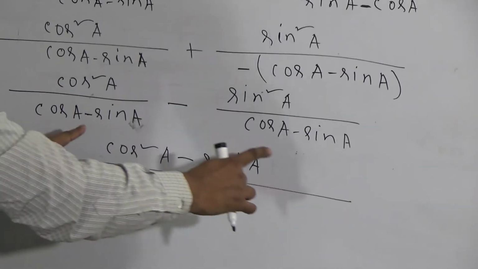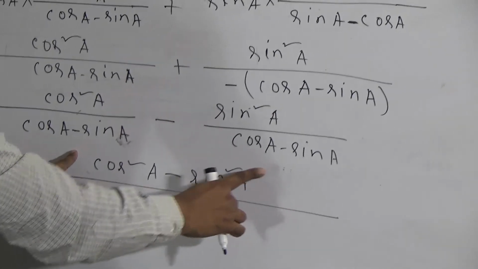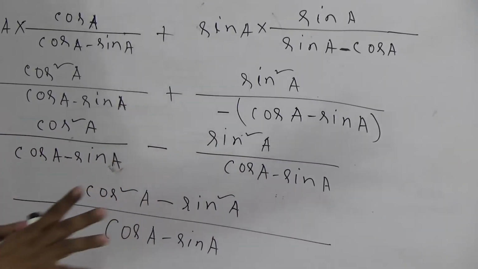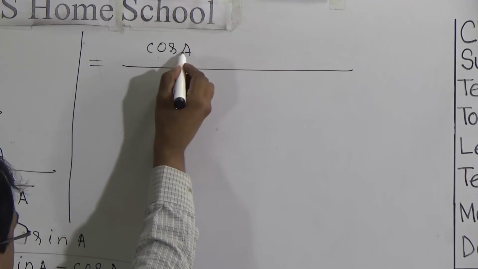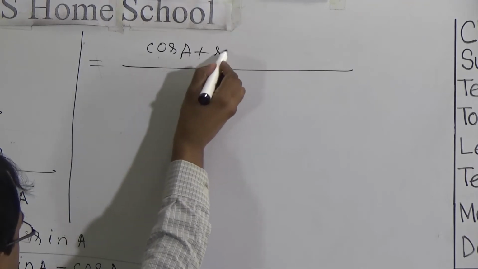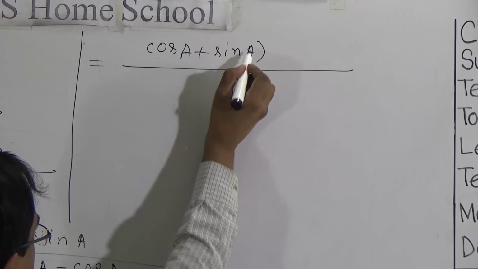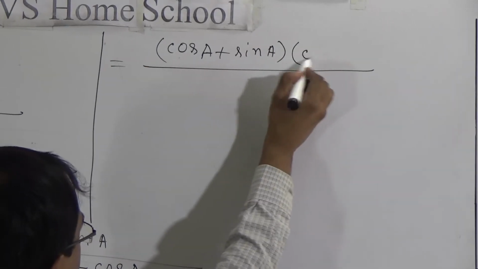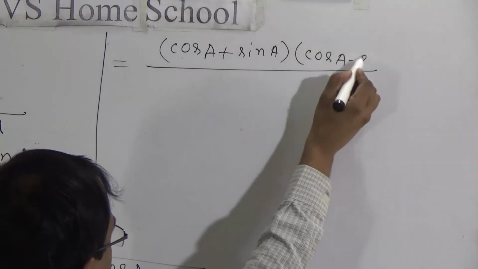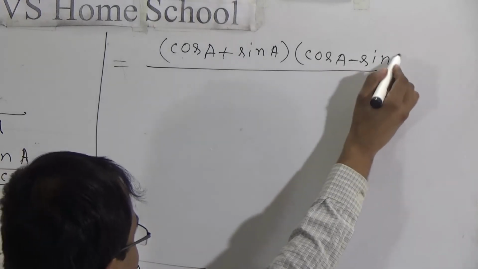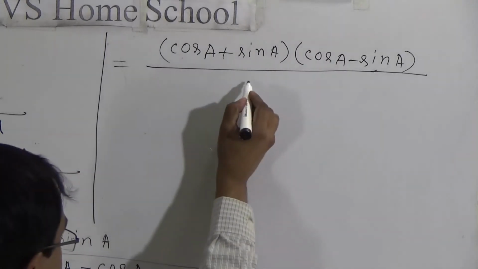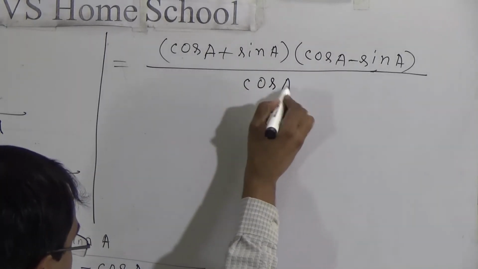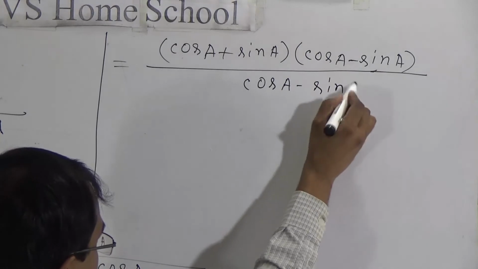That means instead of this expression, we can write cos A plus sin A into cos A minus sin A. So in upper portion we will write cos A plus sin A into cos A minus sin A. And in denominators cos A minus sin A exists.